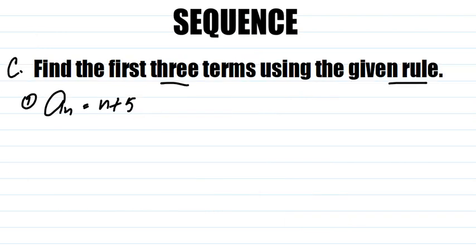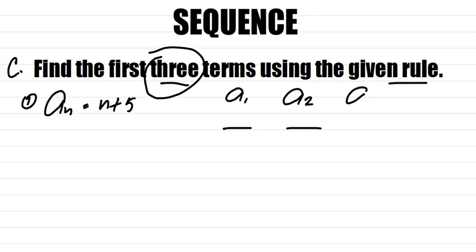Last part, exercise letter C. So, yung instruction natin ay sinasabi na find the first 3 terms using the given rule. And I think alam niyo na kung ano yung first 3 terms na tinatawag. Hinahanap natin kung ano yung value ng ating A sub 1, ang value ng ating A sub 2, at ang value ng ating A sub 3.